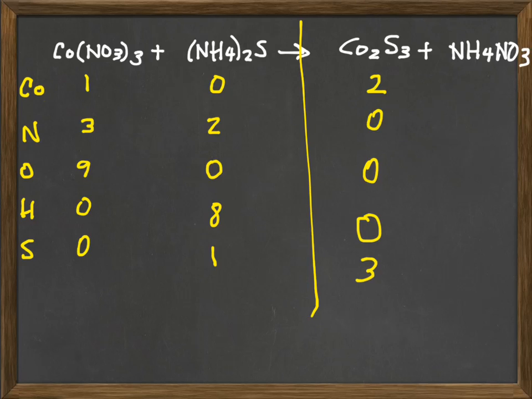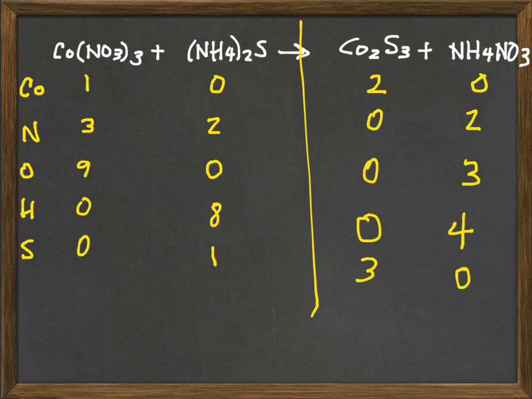NH4NO3. There's no cobalt in that, but there's 2 nitrogens. NH4 is ammonium, that has 1 nitrogen atom, and NO3 has another one. So there's 2 nitrogens. That would be a little tricky. Oxygens, there's 3 oxygens, O3, H4, 4 hydrogens, and no sulfur.